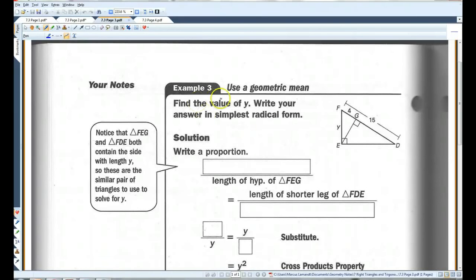Find the value of y. Write your answer in simplest radical form. Okay, so they're not looking for a decimal answer here. They want an exact answer. Okay. First thing, write a proportion. You know you have 3 similar triangles here. So the length of the hypotenuse of triangle FEG corresponds with the length of the hypotenuse of triangle FDE.